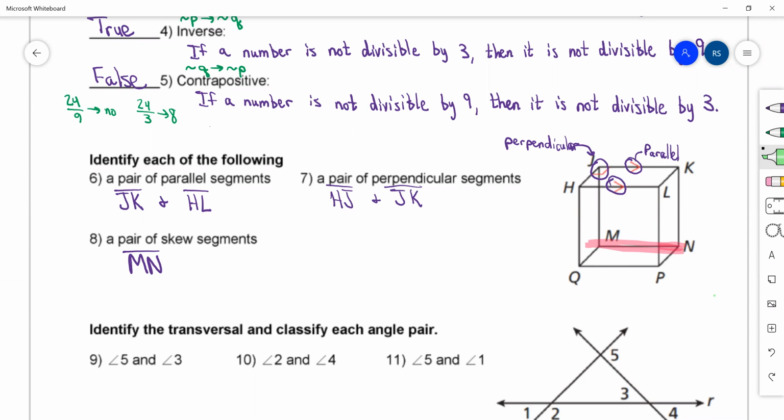We can't use the ones that go in the same direction on top, but we could use something like LK because it's going in different directions and it's not in the same plane. Okay, they never cross, but they're not parallel either because they're at different levels.